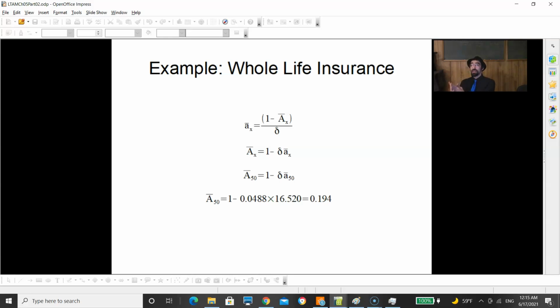Woolhouse approximation relates an integral to a sum. Discrete annuity, which we have in the table, is a sum, so I can get the value for the sum from the table. I can use Woolhouse's approximation to get the value of the continuous annuity. Then you use the annuity insurance formula to get the value of the insurance on its own. And you get big A50 is approximately 0.194.